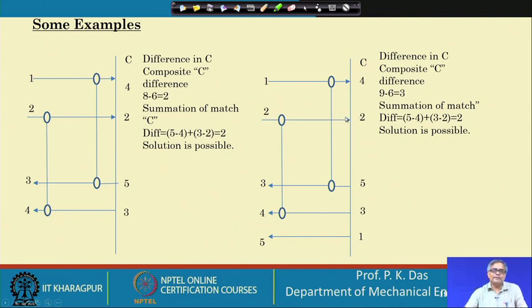In this case, 4 and 5, so 5 is more than 4, that is all right, and here also if we see the cumulative condition, the solution is possible. So, in both cases we can get a solution. In this case, you have to see that the number of hot streams is equal to the number of cold streams.